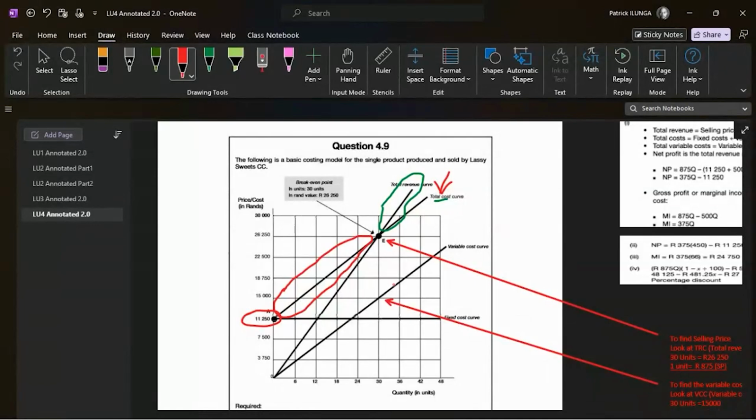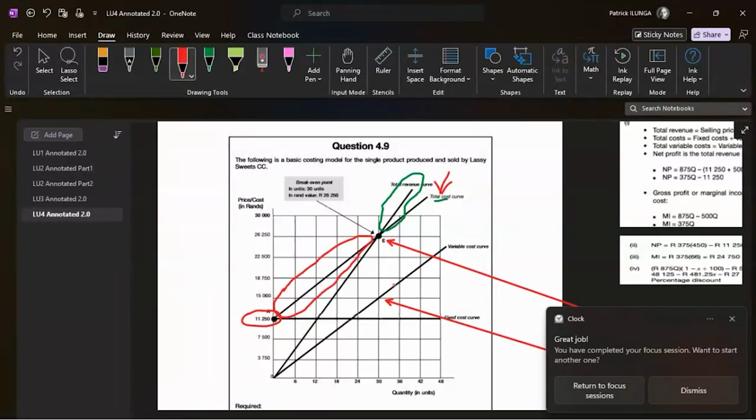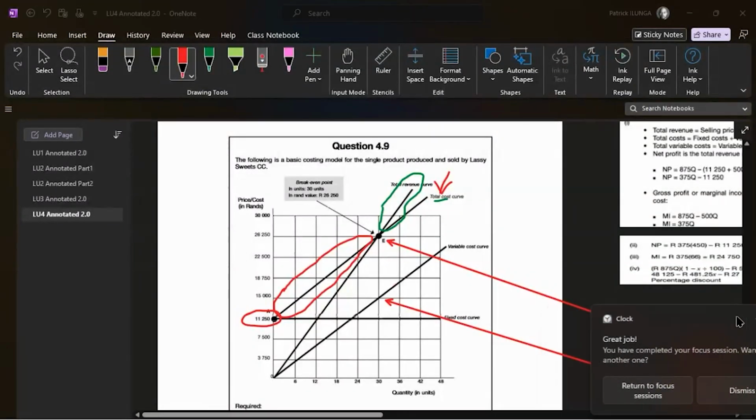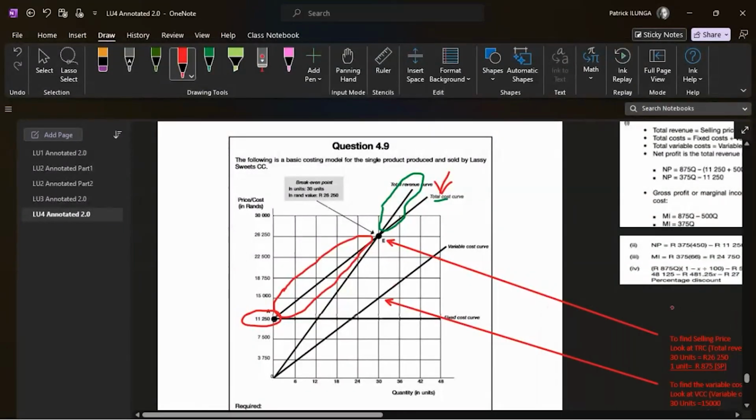If you finish your learning unit 3 and learning unit 4 and wrap it up well, that will be it for your foundational financial management, because after this we're going to go into advanced financial management, and it's going to be beautiful, because like I said, we want to give you a broad view, so that you are able to understand everything that is happening in a business on the financial side.